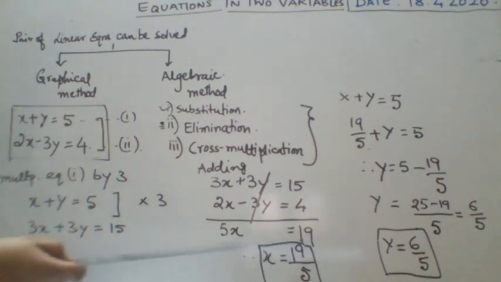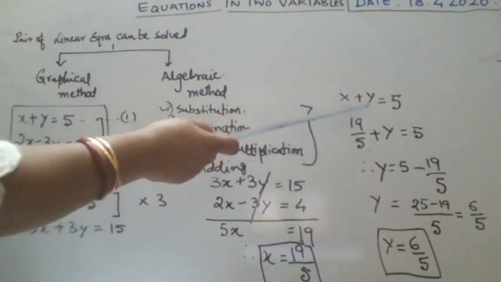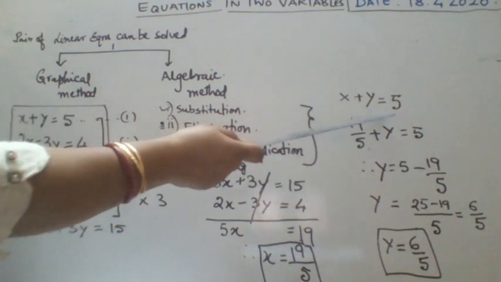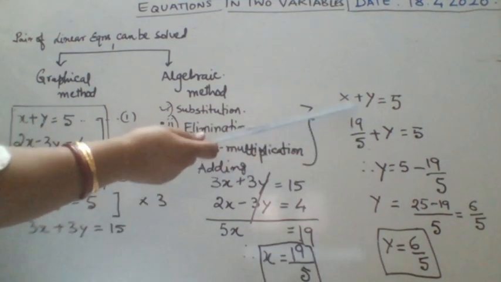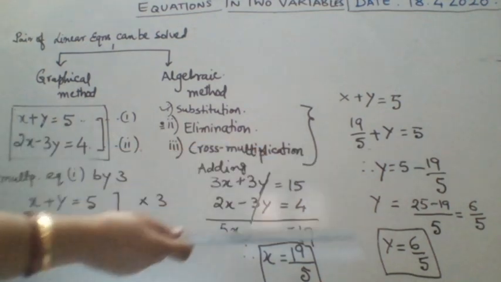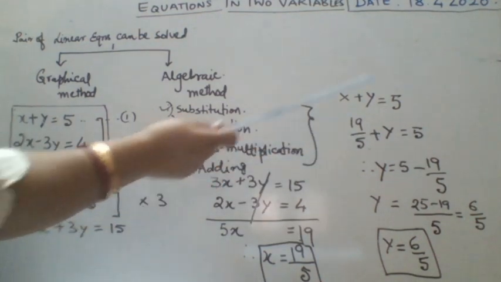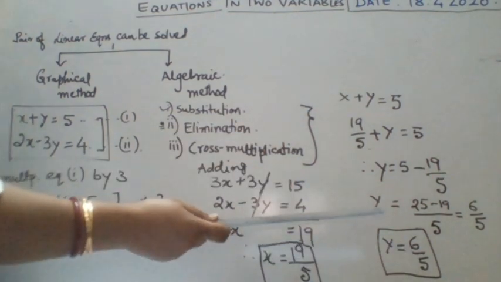So this is the value of one variable. That's not all. We need to find the value of the other variable as well. So we go to the first equation, x plus y equal to 5. The value of x, that is 19 upon 5, is substituted over here, plus y equal to 5. So y is equal to 5, and 19 upon 5 goes to the other side by transposing, so we get minus 19 by 5.